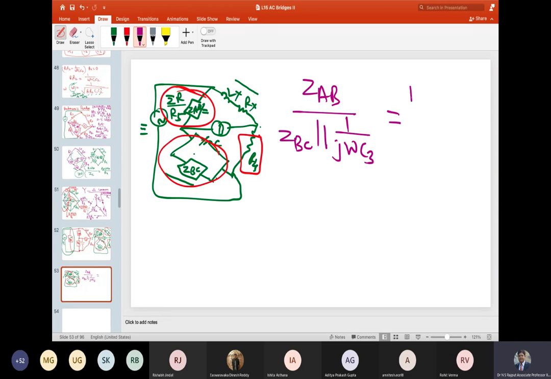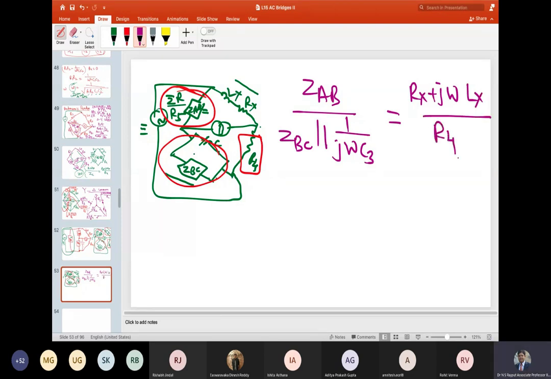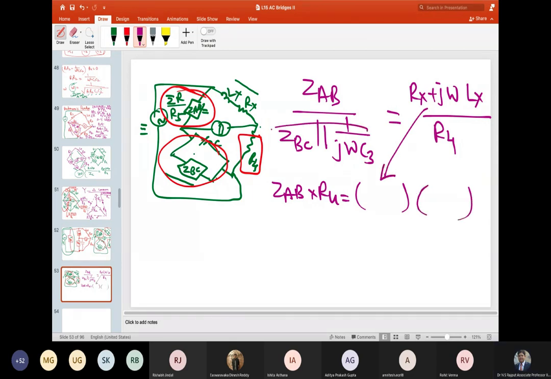So this one is Rx plus J omega Lx divided by R4, right? So now we have typical values for different combinations. So you can simply write it as ZAB into R4 is equal to these two components, this and this. These two come here, right?